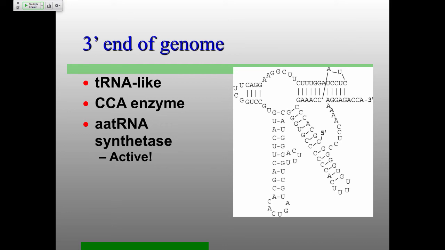But even though this, to me, doesn't look like a tRNA at all, it fools the amino acyl tRNA synthetases and gets them to put an amino acid here at the very 3' end, just like you have with tRNAs. They've got the 3' OH.